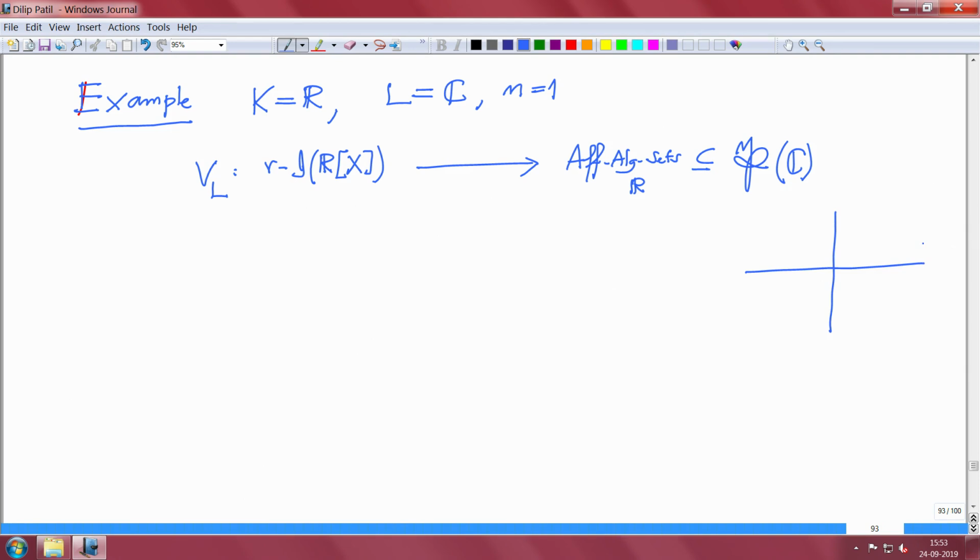Okay. Now, let us for example take this set, this is the imaginary axis. I should draw a better picture. This is a plane, and let us take this axis.